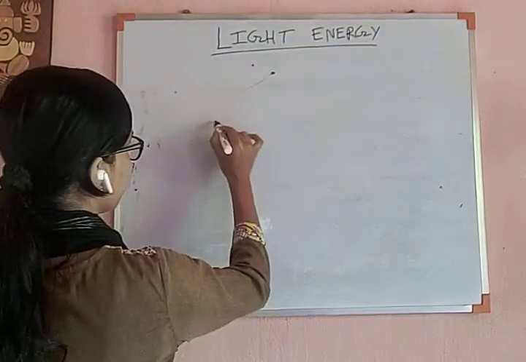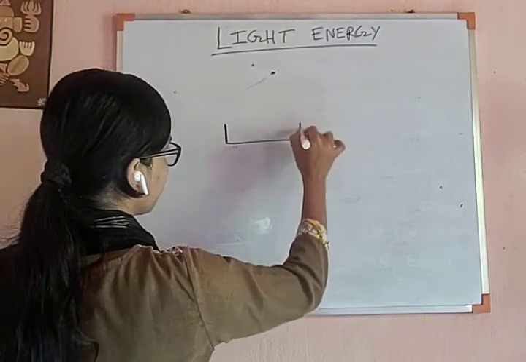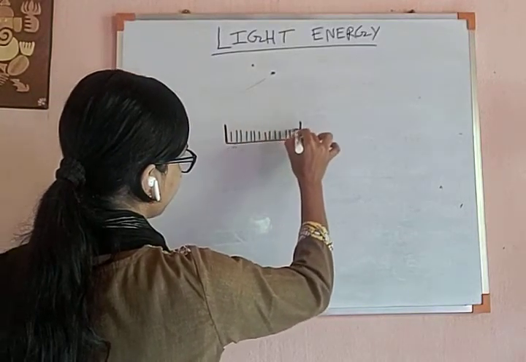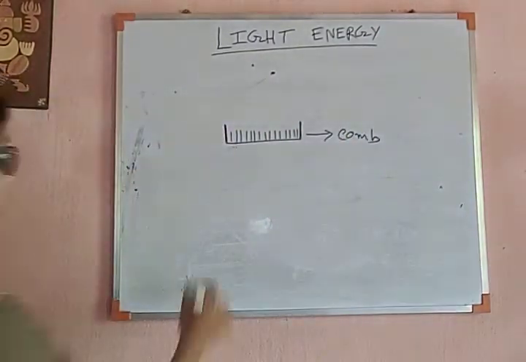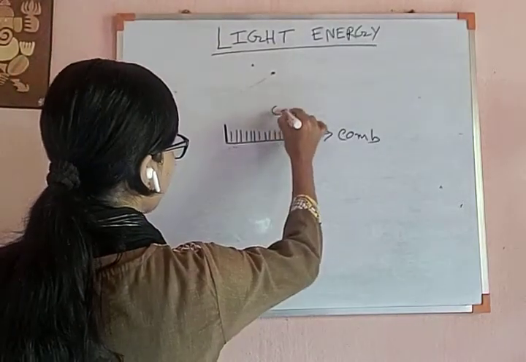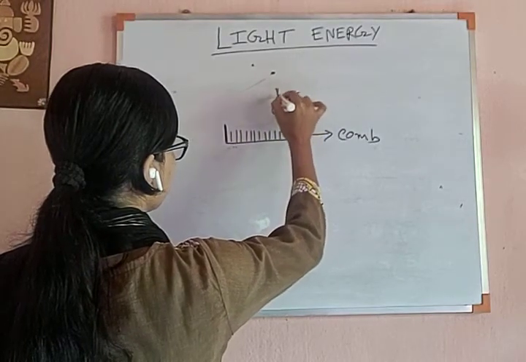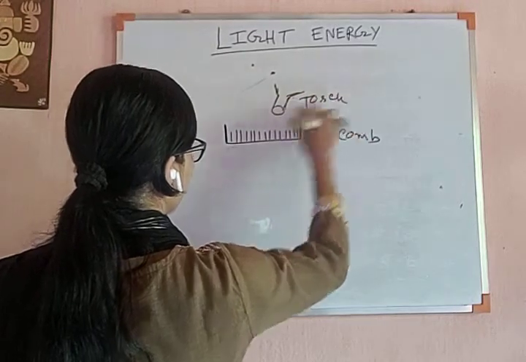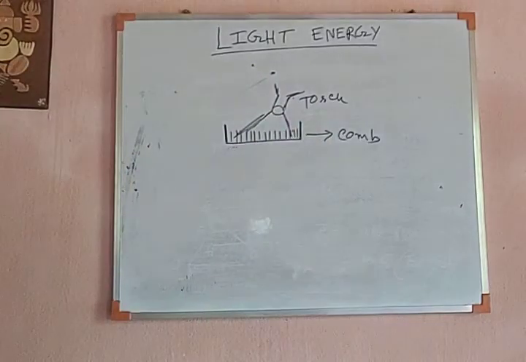In the experiment, a hair comb is taken like this, and we are holding a torch here. The light is coming from the torch like this.